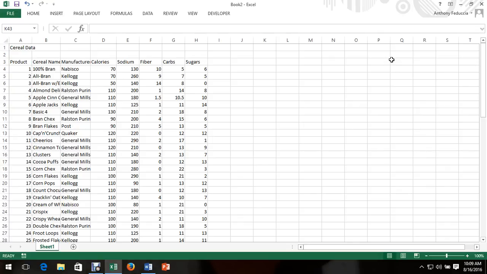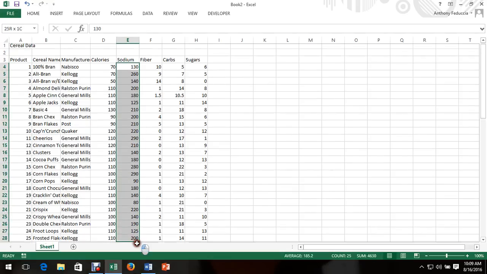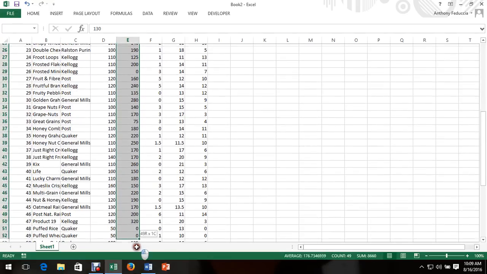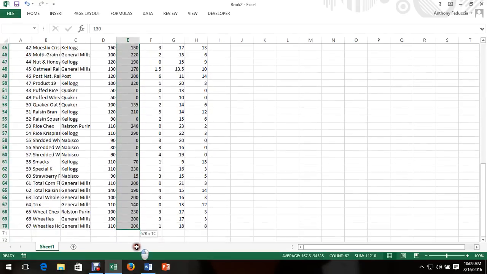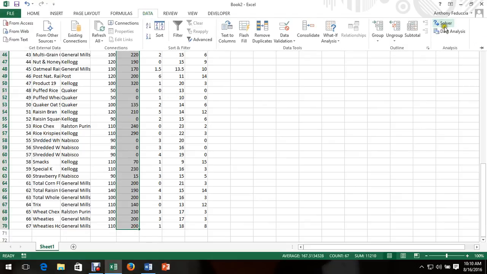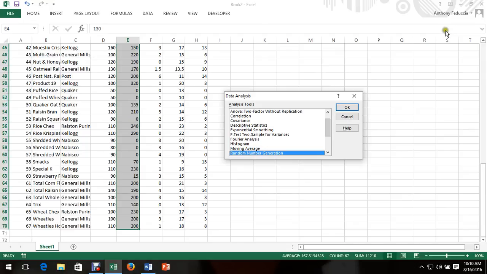Well, what we would do is here's sodium right here, we would highlight that column. Then we would go to data and data analysis, which I hope you have installed on your Excel. If you don't, look at live binders, it'll tell you how to do it.